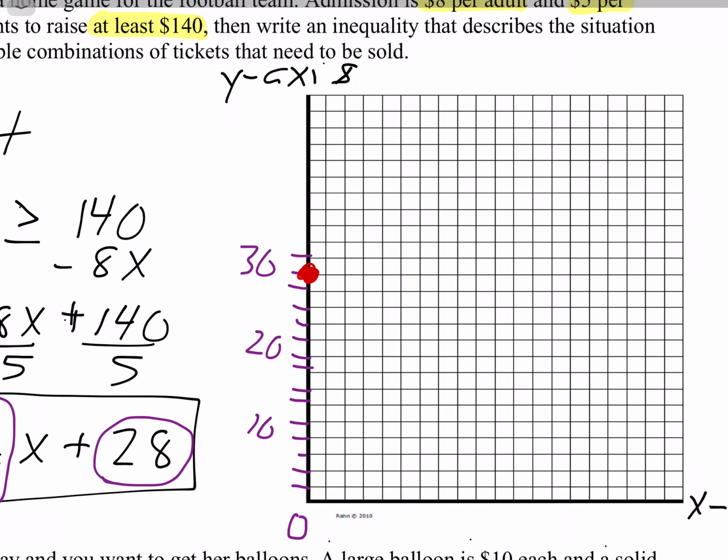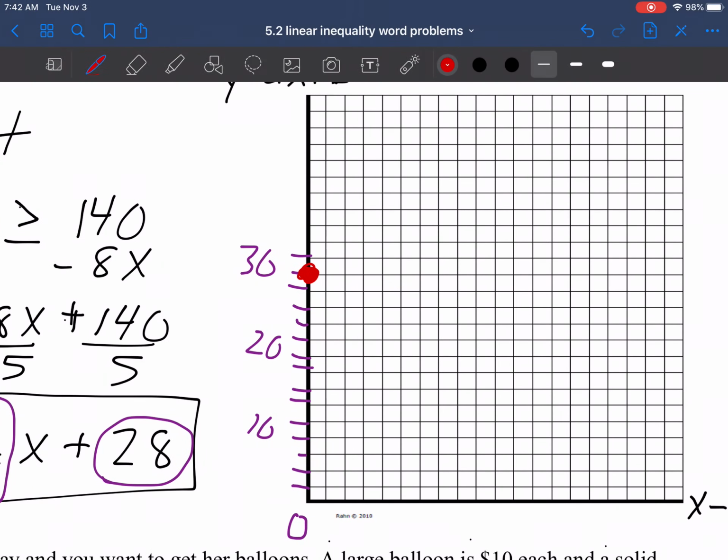So let me get on this graph a little bit so I can rise and run. That's going to be a rise of 8 is 2, 4, 6, 8 down, and now 5 over. So 2, 4, and then I guess it's just like a little half. This is my dot right here.